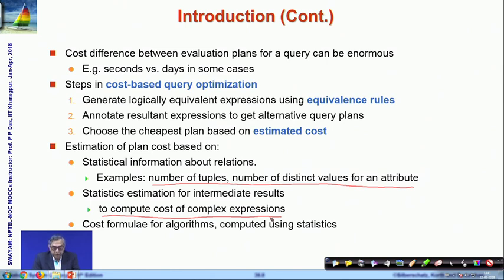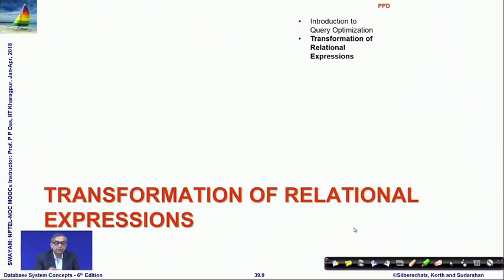The cost formulas for different algorithms will also be used through statistics. Based on all these estimations we will have an estimated cost, and based on that we will choose the particular evaluation plan which looks to be the best, and that is the crux of the query optimization strategy.